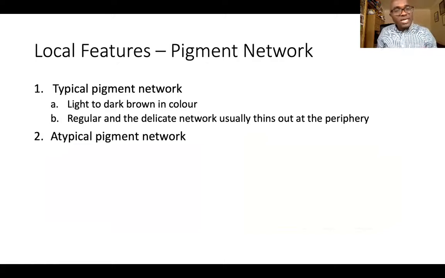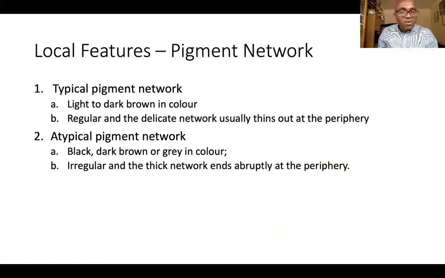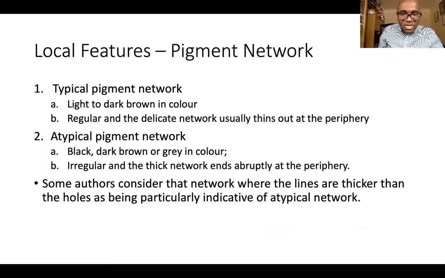Or is it an atypical network, where you have black, brown, gray, dark brown in different colors, or irregular and thick network that ends abruptly at the periphery and things like that? So this is atypical pigment network. These are local features of the pigment network.